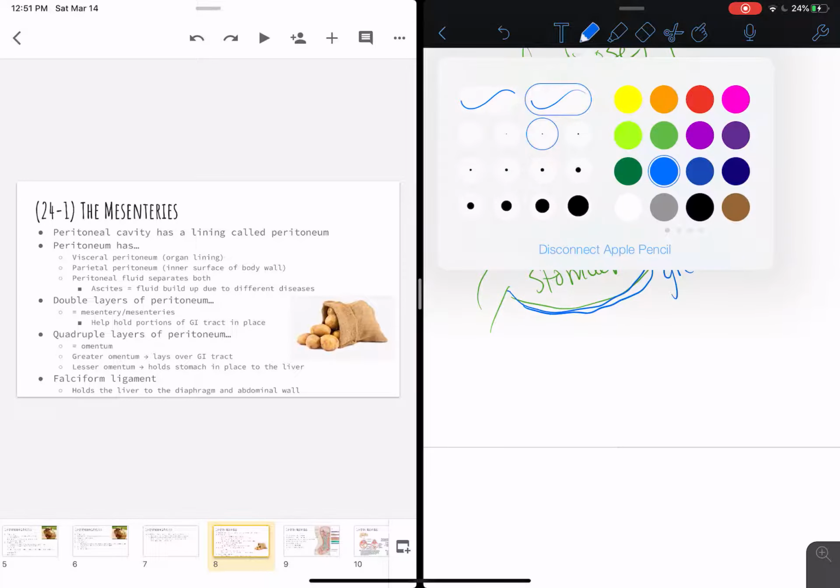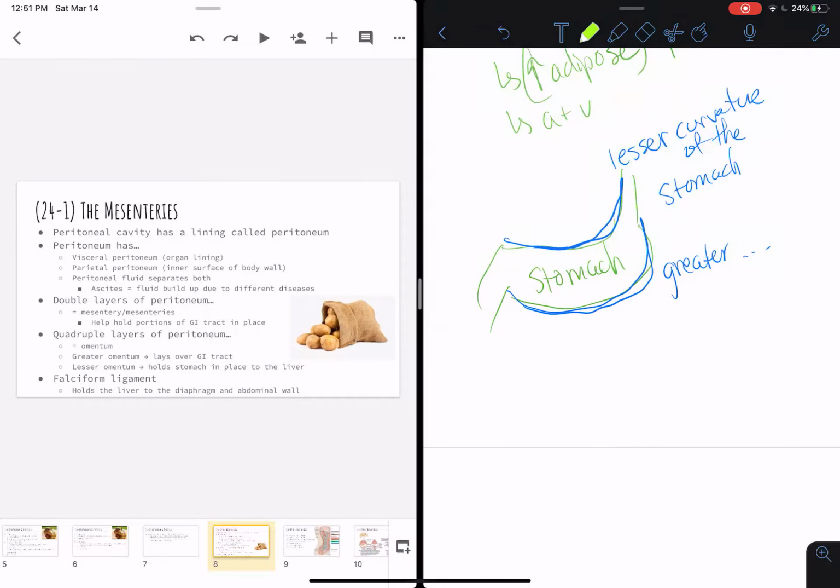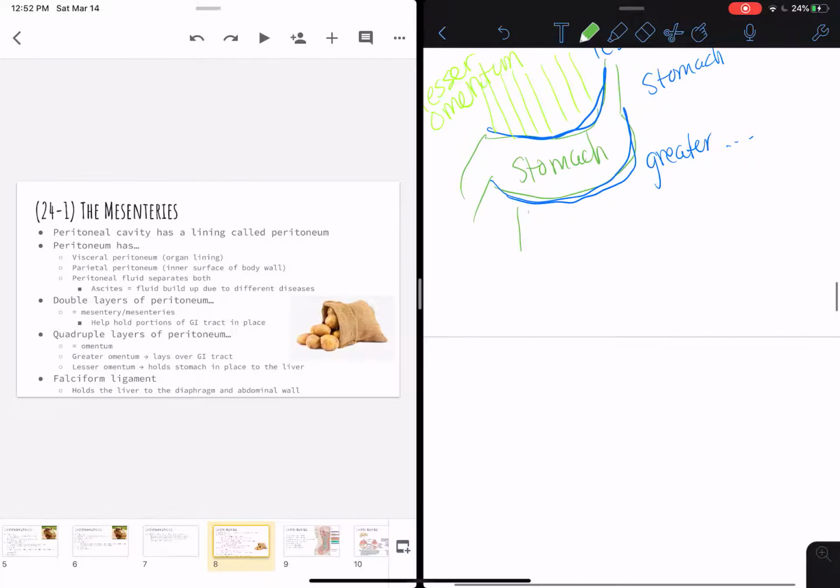And on the lesser curvature of the stomach, we're going to have one layer of omentum, and this is going to be called the lesser omentum. And then on the opposite side, we'll have more omentum, and we'll call this the greater omentum.